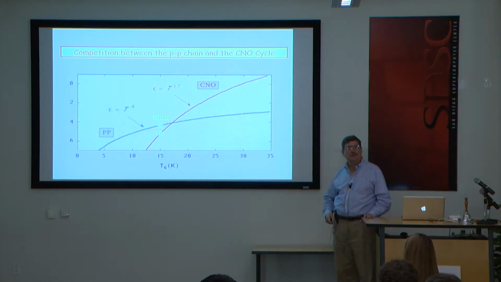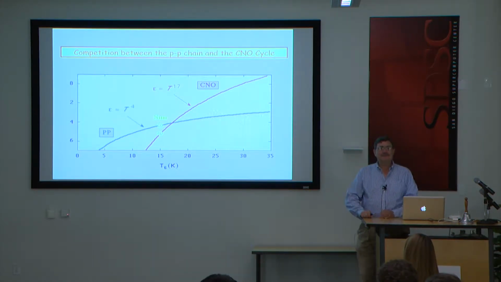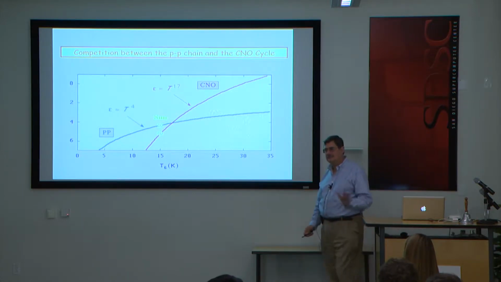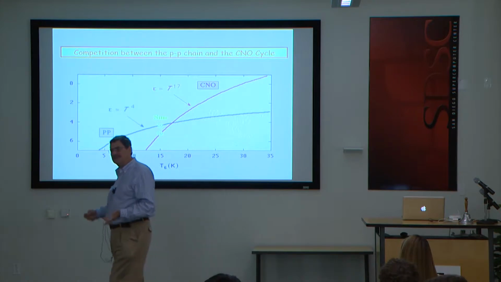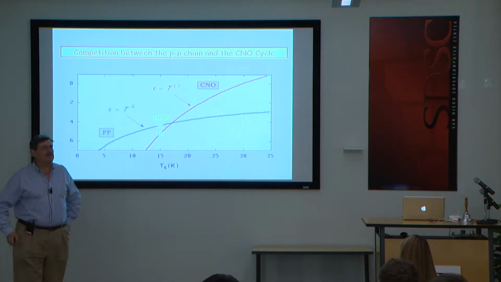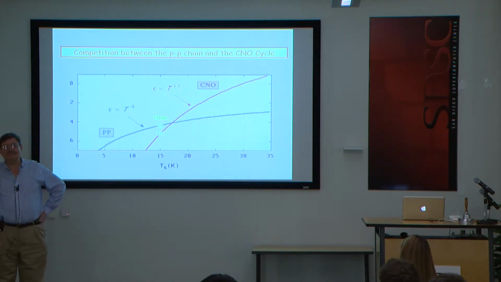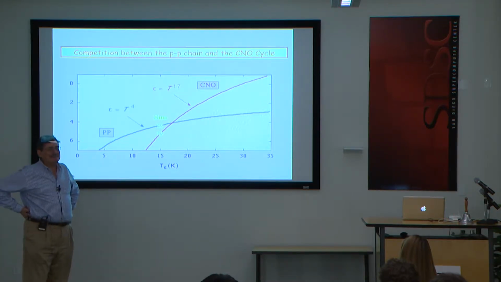Can you explain those 2 curves? With basic physics. This is simply basic physics. There is nothing here that is very deep. Well, there's quantum mechanics. A star is a quantum mechanical object, believe it or not.